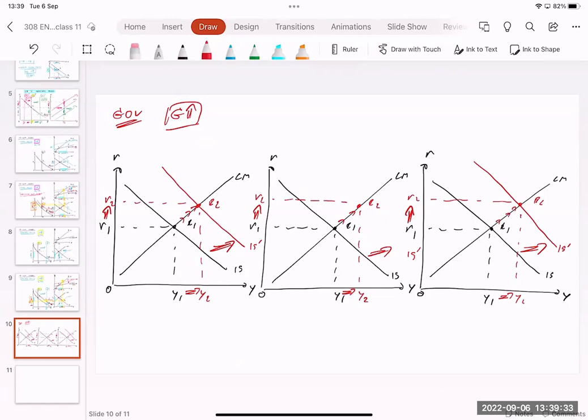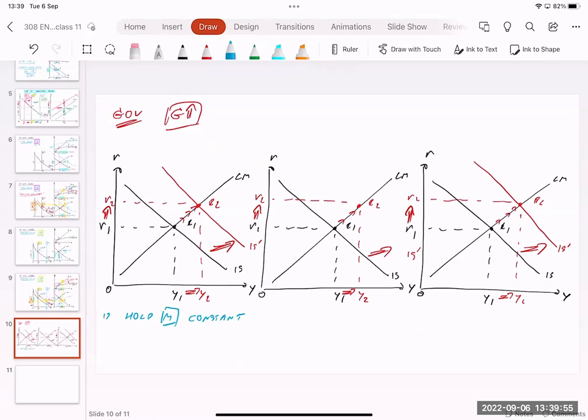Then next one: how is the central bank gonna respond? Number one, the central bank may hold M constant. What does it mean?